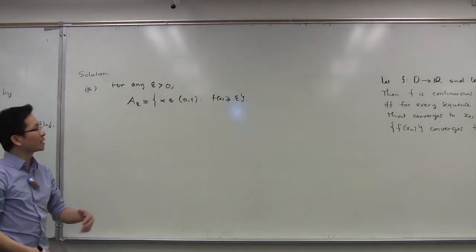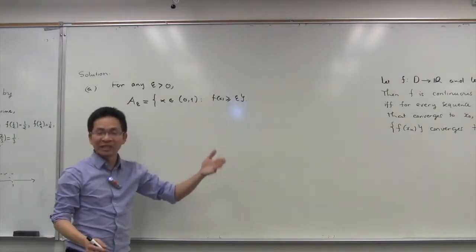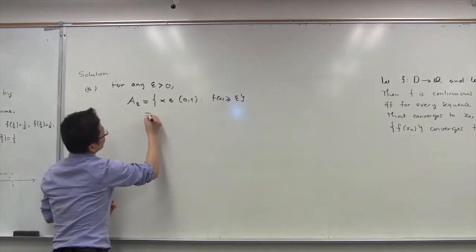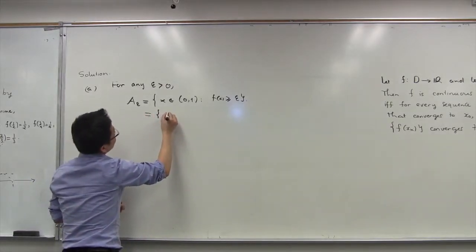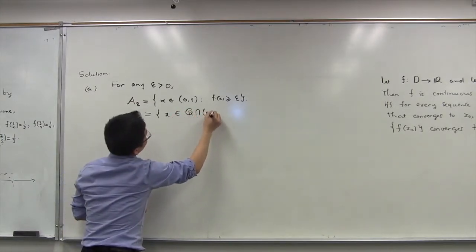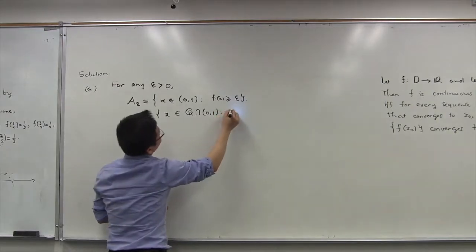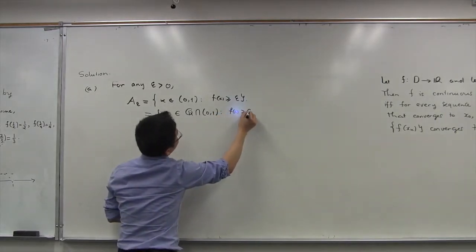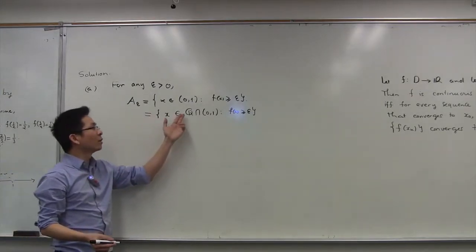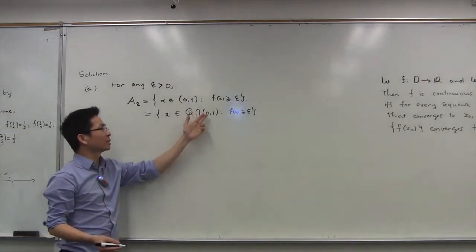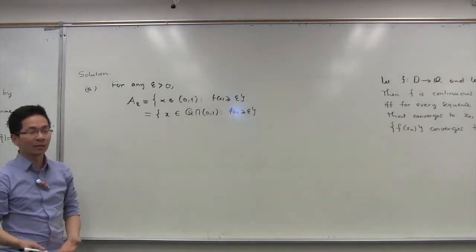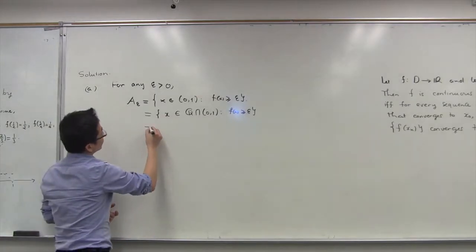Okay? And observe that f(x) is 0 if x is irrational. So this set is actually the set of all x in Q intersect [0, 1] such that f(x) is greater than or equal to epsilon. Okay, so it is in fact the set of all rational numbers in the interval [0, 1] whose function value is greater than or equal to epsilon. So it can be written as follows.